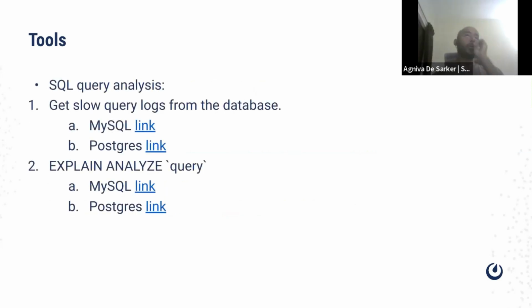Right. One more thing we have is that we can also analyze how the SQL query is performing. So now we are getting more into the database side of things. Previously, all of these CPU, heap, and goroutine things were more on the application side.